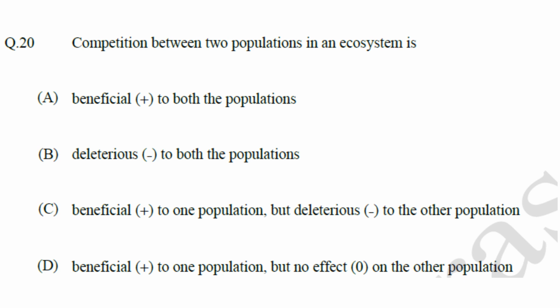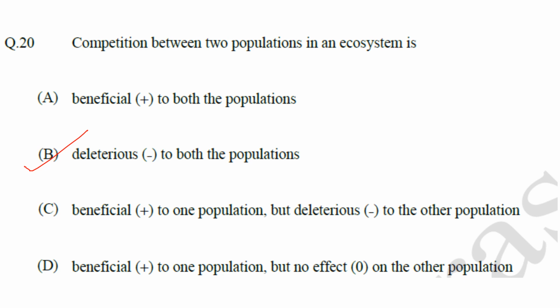Competition between two populations in an ecosystem can be deleterious to both the populations. Why? Because of three factors. One is resource limitation. There is scarcity of resources like food, water, space, etc. Another is interference. That is, one population will directly affect the survival or reproduction of the other population.